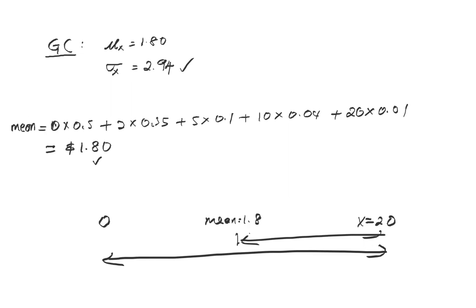So that's why we want to count the expected value. In the long run, as you play many games, sometimes you may win, sometimes you may lose. In the long run, you're expected to win $1.8. So the store owner should charge you $1.8 in order for the game to be a fair game.